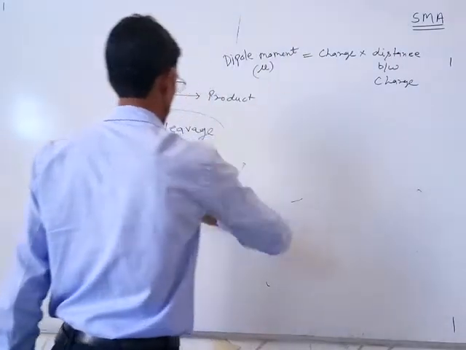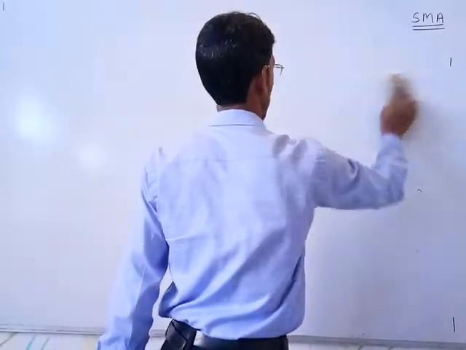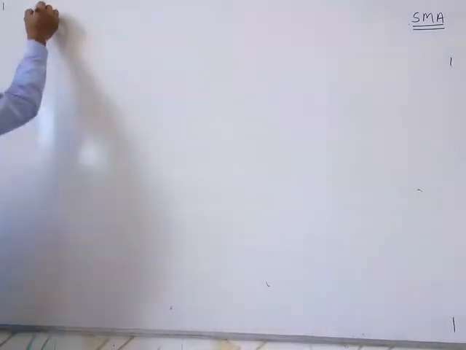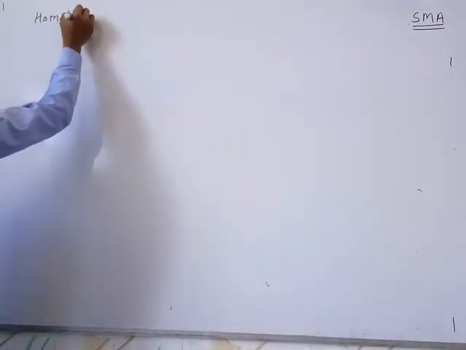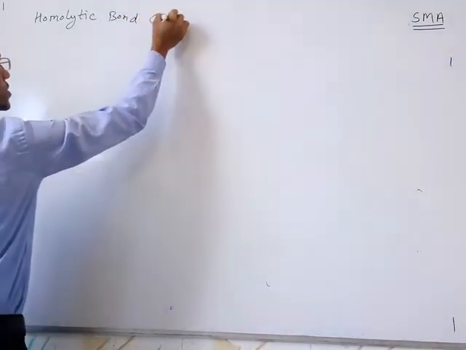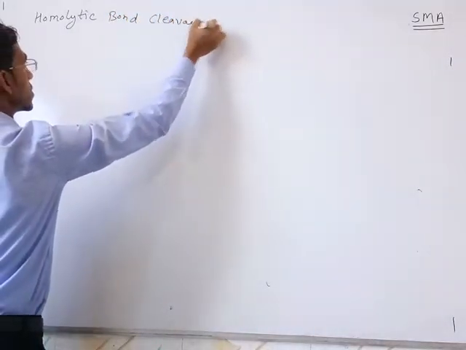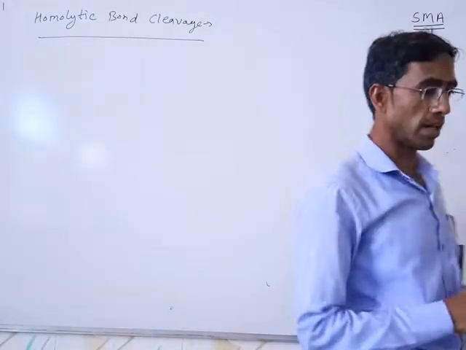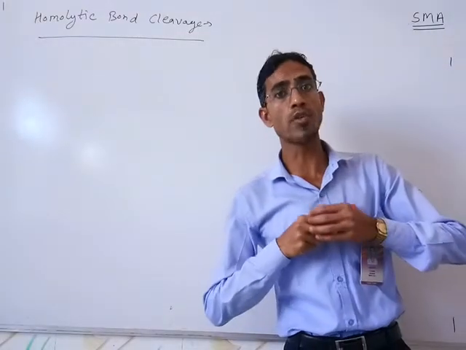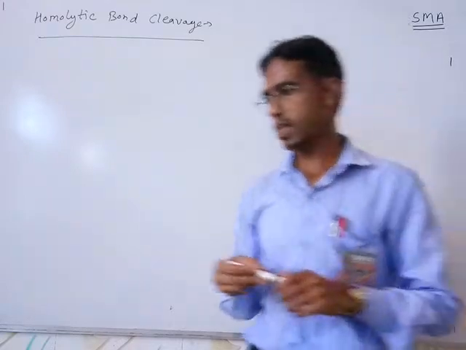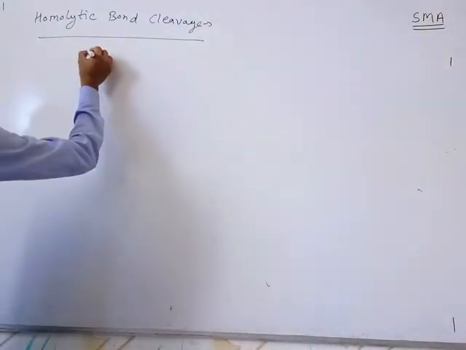Now we have discussed homolytic bond cleavage and heterolytic bond cleavage. Homolytic bond cleavage: here we are discussing covalent bonds, because carbon contains only covalent bonds. A covalent bond is formed by 2 electrons.